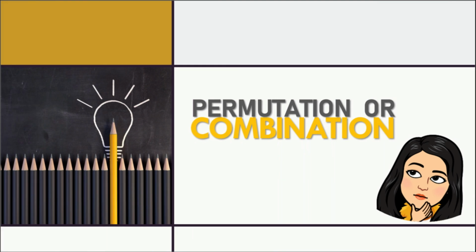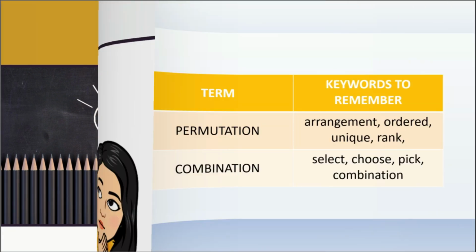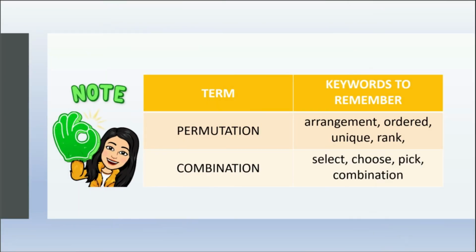And now that we already learned how to solve combination word problems, let us dig deeper on how we determine if a given problem is permutation or combination. Aside from identifying if the order is important or not, we can take note of the following keywords so that we can easily determine if the given word problem is all about permutation or combination.